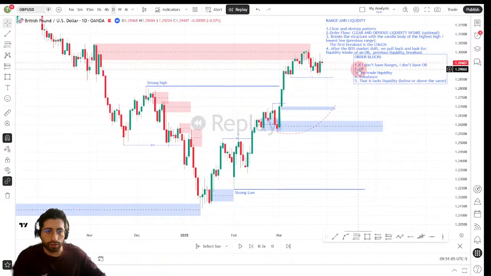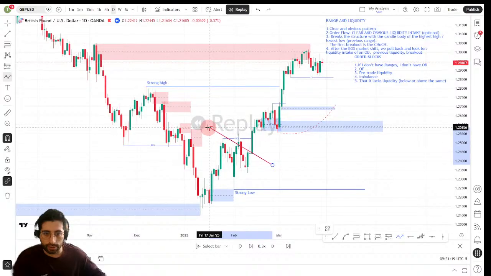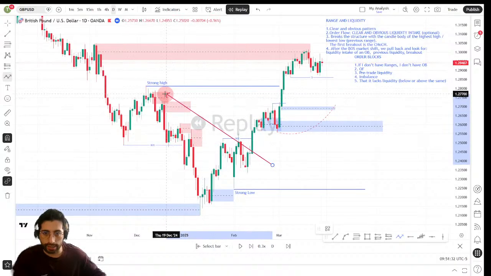Perfect. Order flow. Do we have order flow? Well, in both. So for example, this order block right here, this one is mitigated by this one, and it leaves a new order block. So this is a potential or good order block, right? And this is as well.